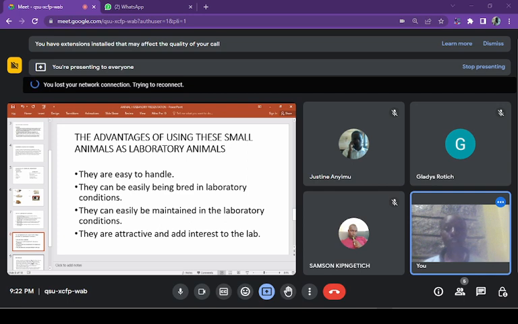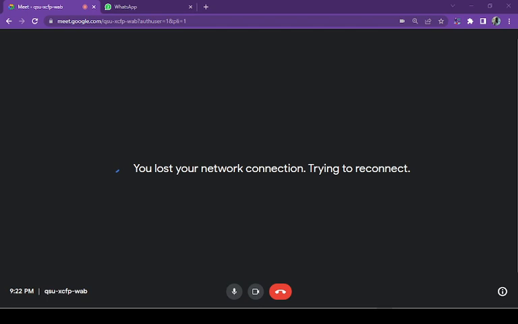Another advantage is that they can be easily bred in the laboratory, for reproduction, producing more species of another generation. Another important one is that they can be easily maintained. When we talk of maintaining, they can be managed easily in a controlled environment, which is what we call the laboratory.